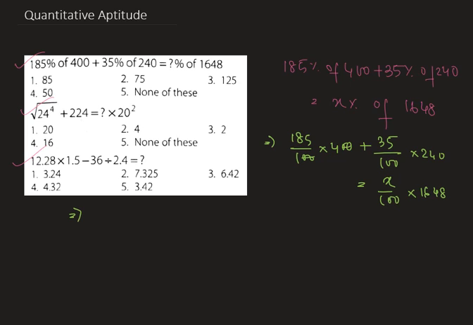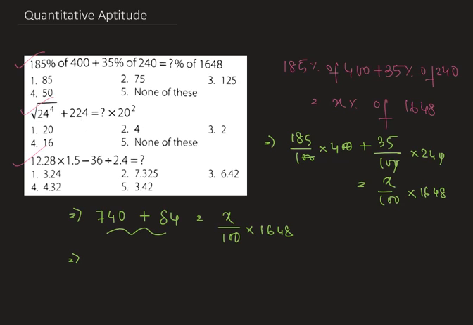Now after cancelling out the zeros, we get 185 into 4, that means 740, plus 35 into 24 divided by 10, that means 84, and it is equal to x divided by 100 multiplied by 1648.